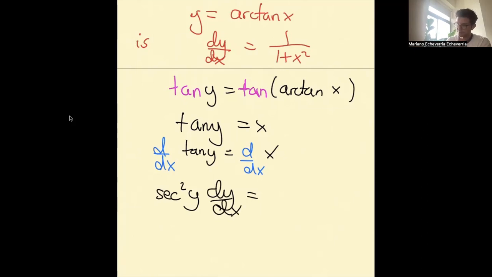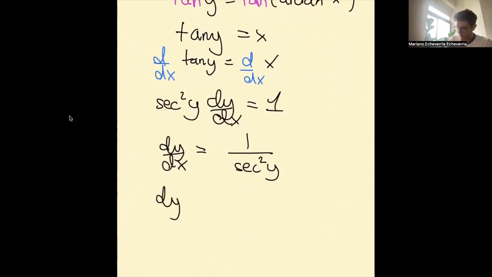The derivative of x with respect to x is just one, right? So that gives you that the derivative of y, dy/dx, is 1 over secant squared of y. So dy/dx equals what is 1 over secant? That's cosine. So it gives you cosine squared of y.